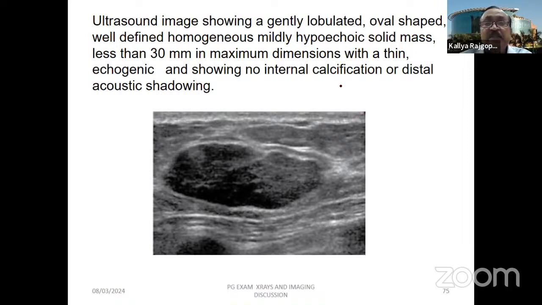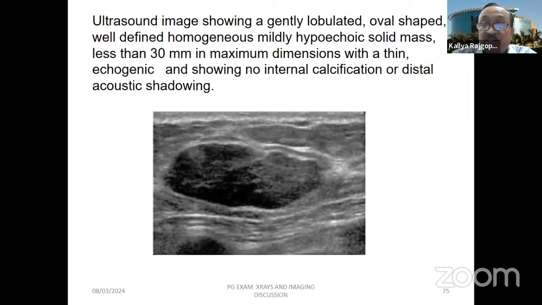I'll just move on a little bit here. There's an actual ultrasound of the breast. It's a homogeneously mild hypoechoic solid mass. They have given some dimensions you can measure, a thin echogenic capsule, and no internal calcification, no distal acoustic shadowing.